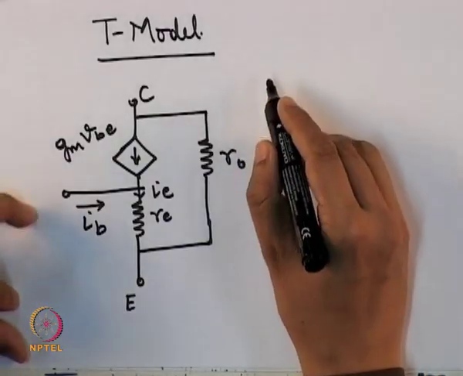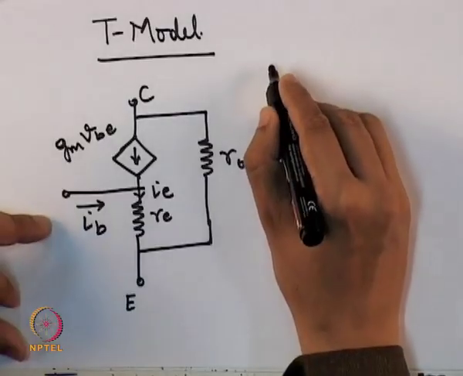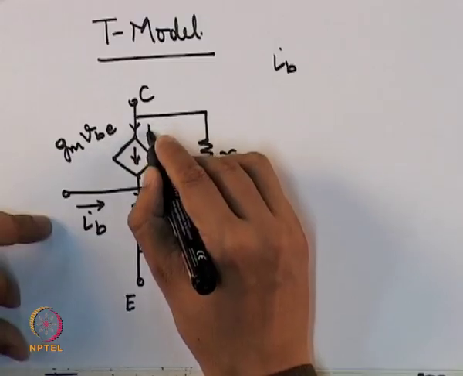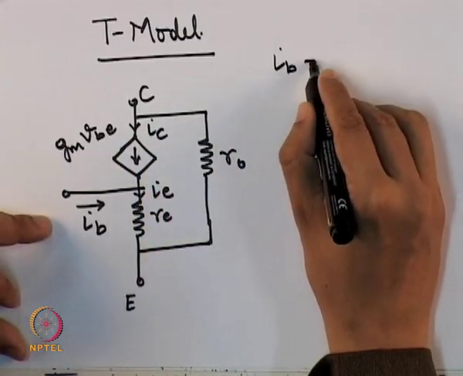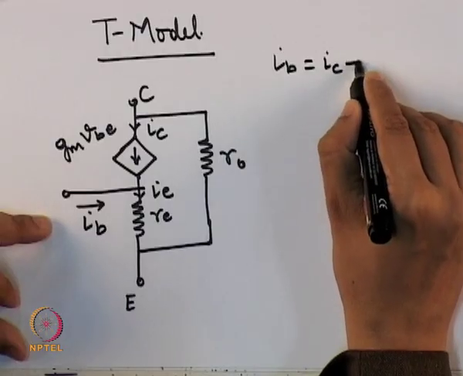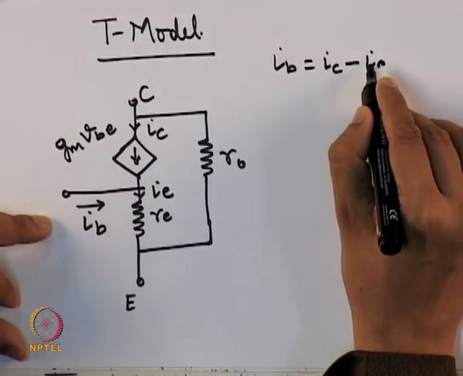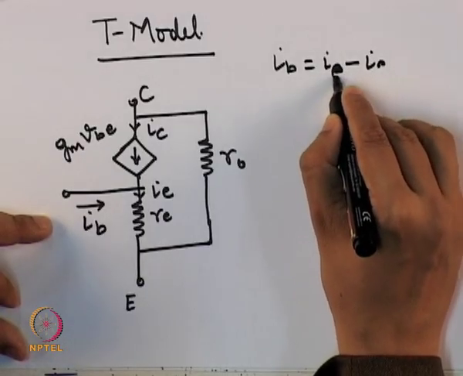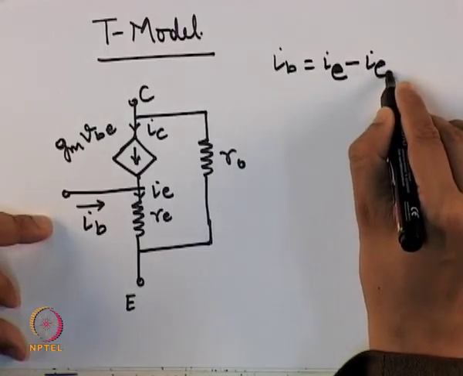Here we see that the base current I b is equal to the difference between the emitter and the collector current, that is, I e minus I c.